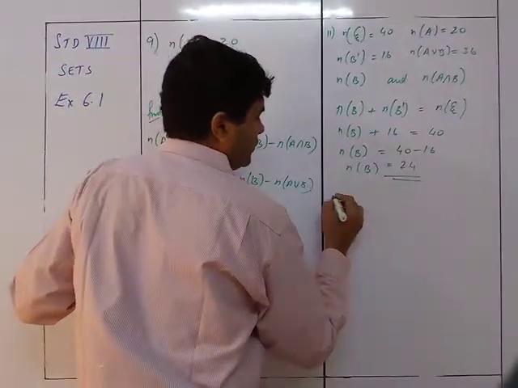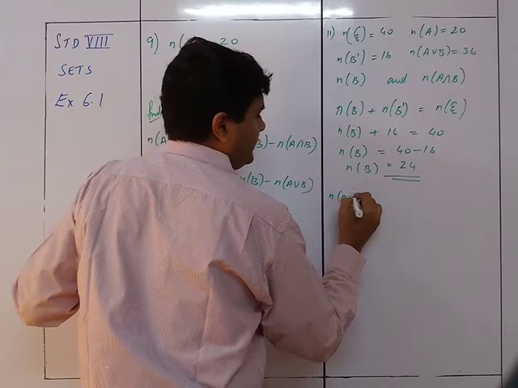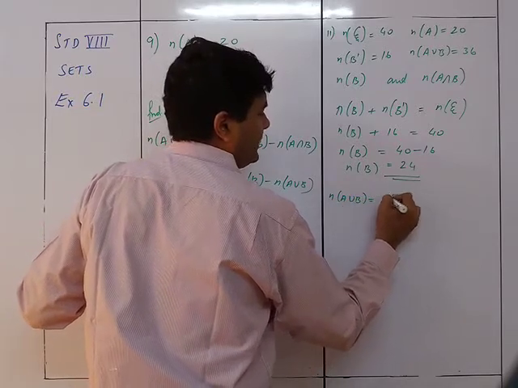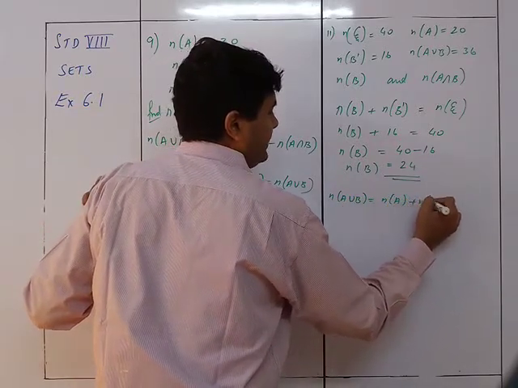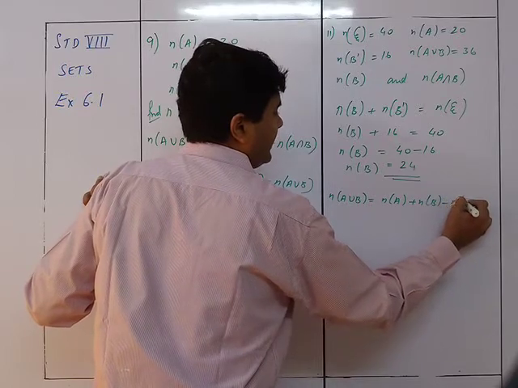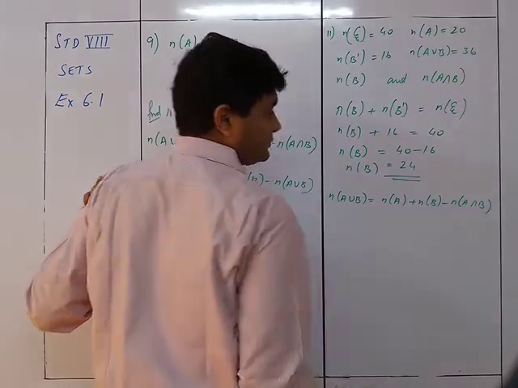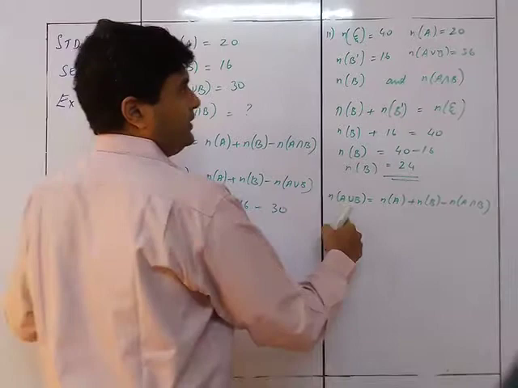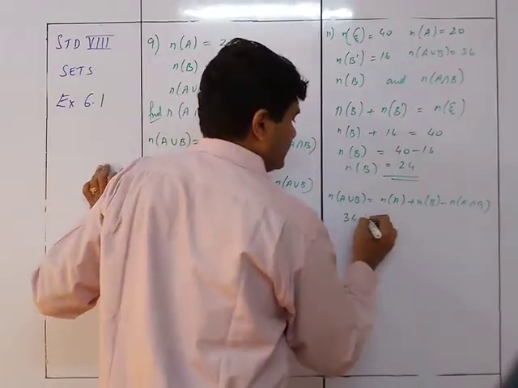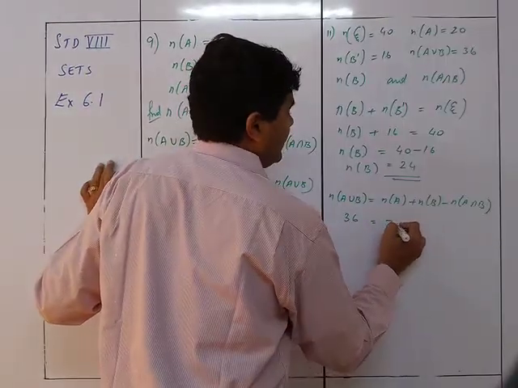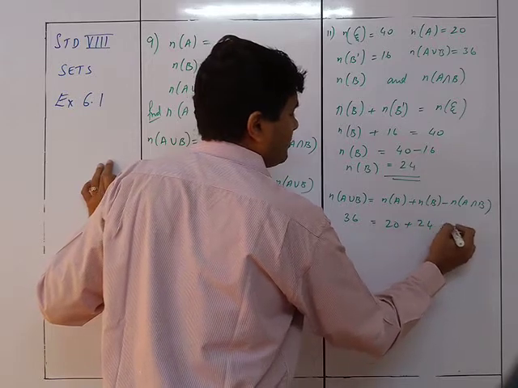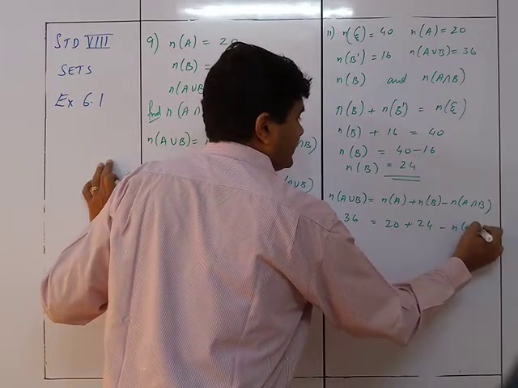Now for this one, we know that n(A union B) is equal to n(A) plus n(B) minus n(A intersection B). A union B is given as 32, which is equal to n(A), 20, plus n(B), 24, minus n(A intersection B).